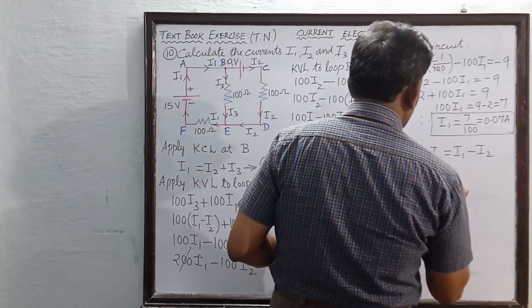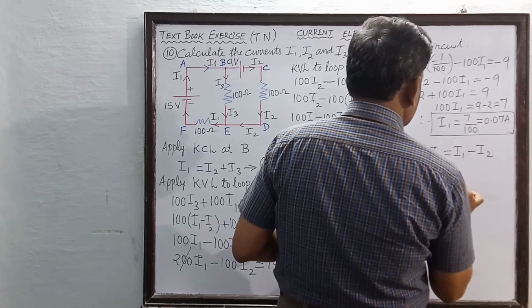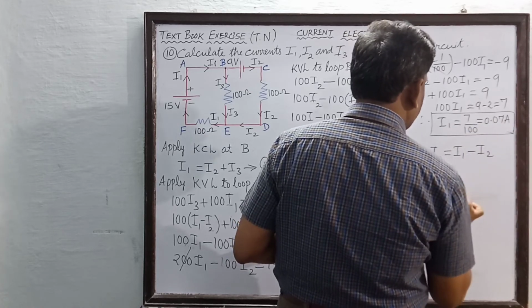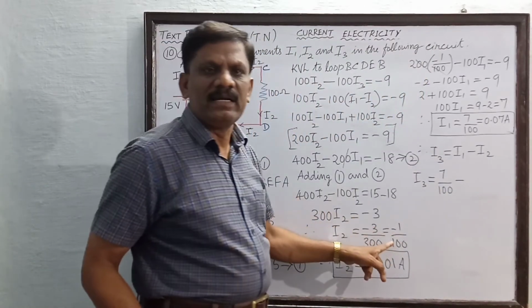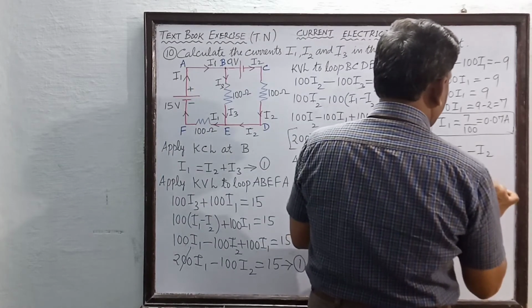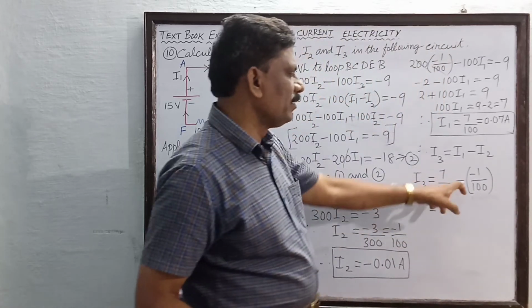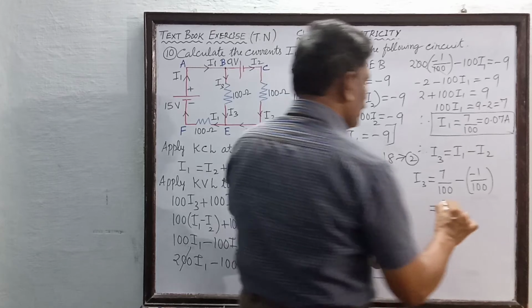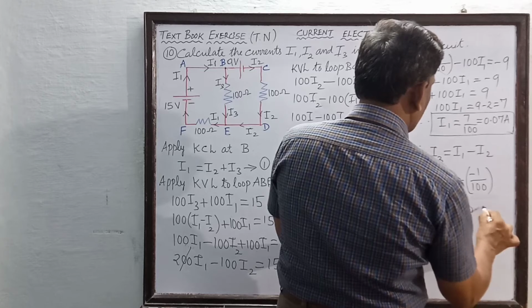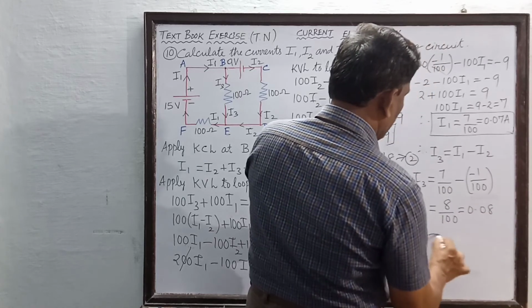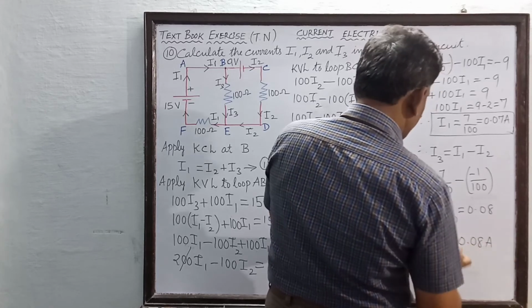So this is now I3 is equal to I1 is 0.07 or else 7 by 100. Okay, I will write like this, 7 by 100 minus I2, which is already minus 1 by 100, is it not? So this will become minus 1 by 100 in bracket. So this is equal to 7 by 100 plus 1 by 100 is 8 by 100. So this is equal to 8 divided by 100. Okay, so this is 0.08. Therefore I3 is now equal to 0.08 ampere.